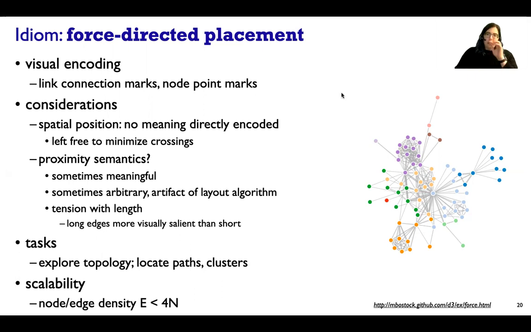So what's really tricky about node-link graph layouts is sometimes things are next to each other and it means something, right? It actually means something that all these purple nodes are next to each other because they're strongly connected topologically. But on the other hand, we saw that I could just start moving things around. What does it mean that this green node is here as opposed to, say, maybe over there, right?